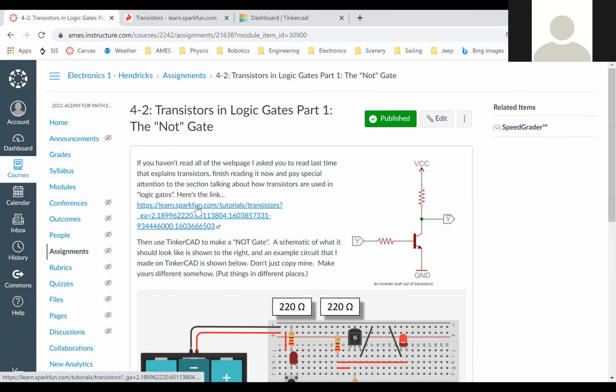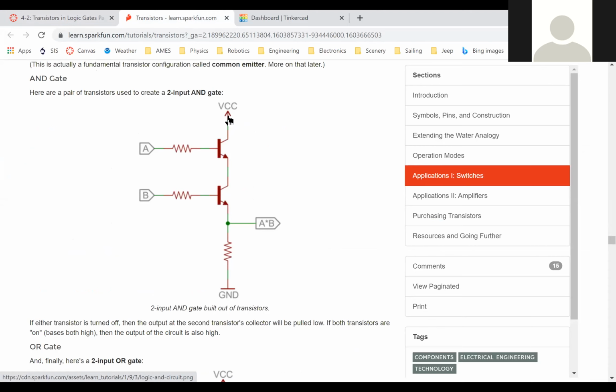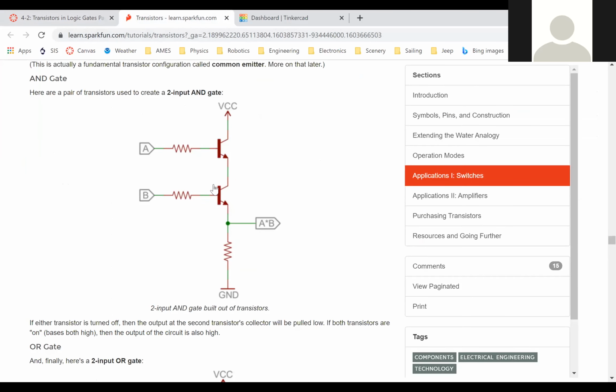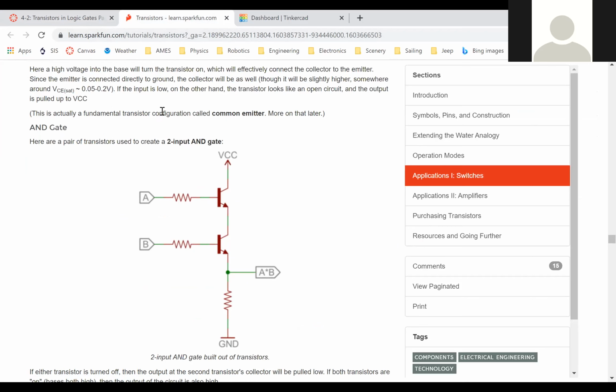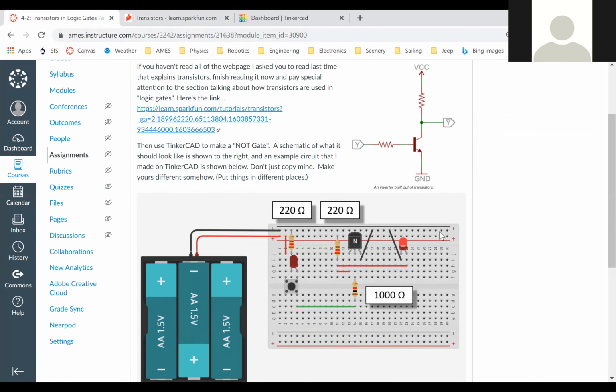Now here is a link to that same page that we talked about before. If you finish up the NOT gate first and you want to do the AND gate and the OR gate, if you click on here, you come down here and use the schematics there, that'll show you what to do. But for the NOT gate, I've already gone ahead and copied the schematic. So here's the schematic for how a NOT gate works.